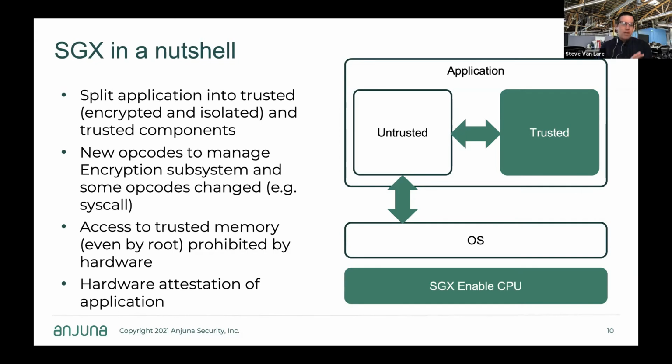I mentioned here the hardware attestation of the application. There is an opcode that does the attestation, and attestation gets used a lot, but it's really a very simple concept. When I ask the CPU to do an attestation, it's going to generate a hash of the trusted memory, basically.